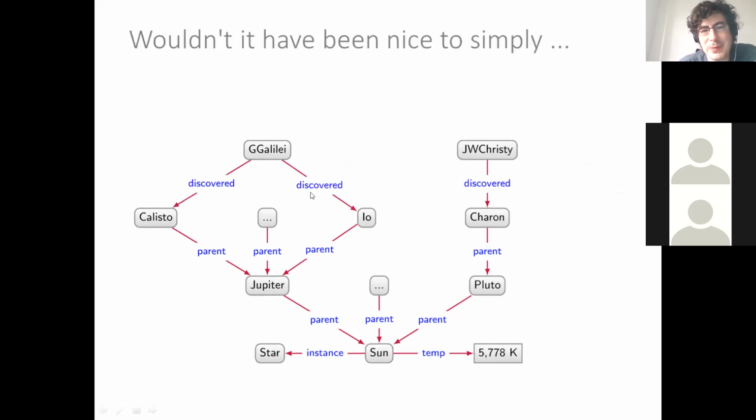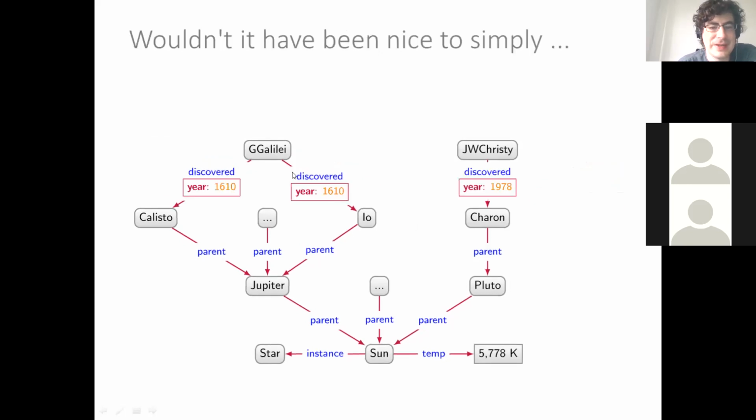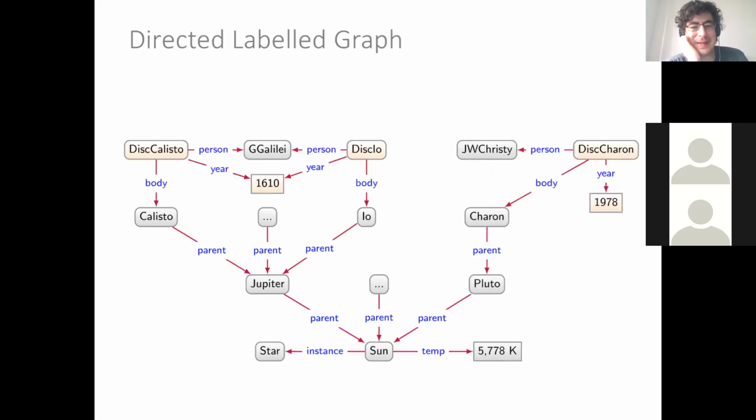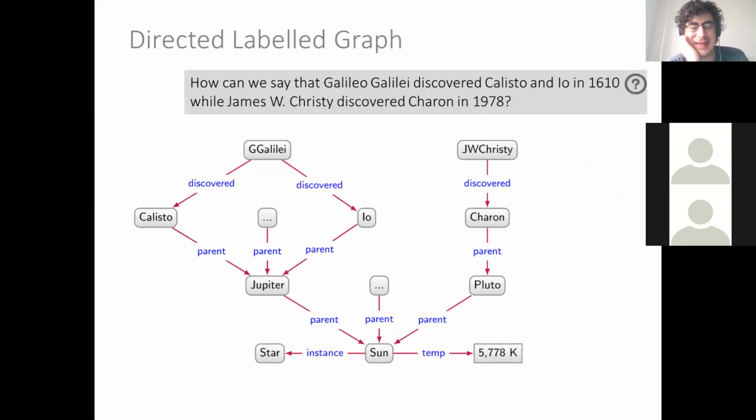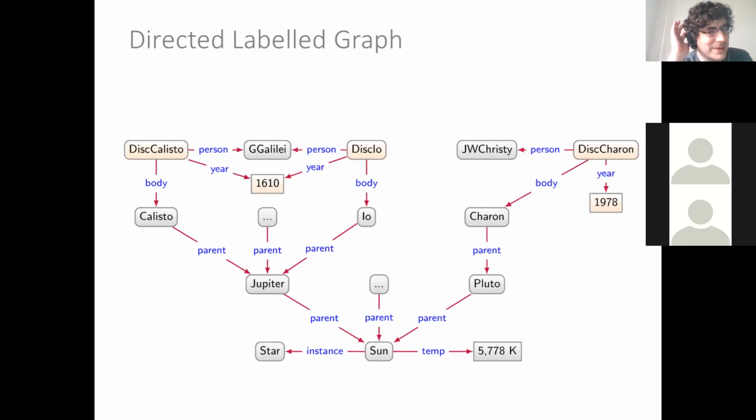So we might say, wouldn't it have been nice to simply be able to put the year on the edge? And it would have been nice, because if we look at the difference between these two things here, we see that we have to implement quite a few changes to our graph to be able to model this additional data.